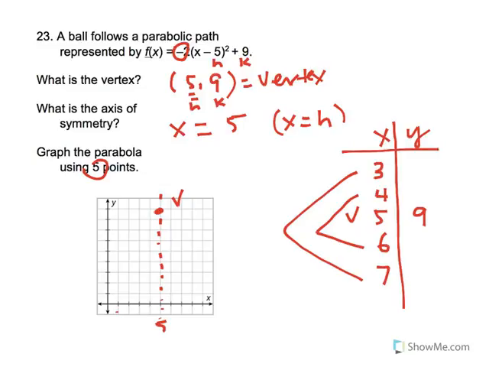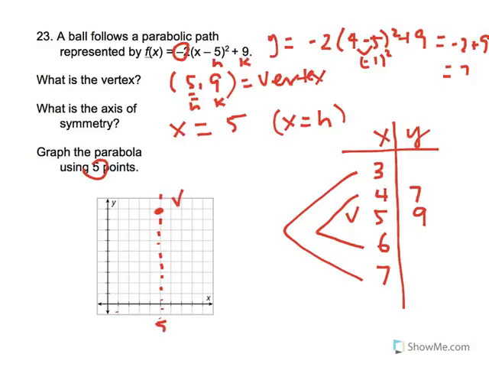So let's evaluate when x is equal to 4 into the equation. That will be negative 2 times (4 minus 5) squared plus 9, which gives us negative 1 squared, that's 1. 1 times negative 2 is negative 2 plus 9, which is 7. So we know the y value is 7 when x equals 4. And let's go ahead and find the value for when x equals 3.